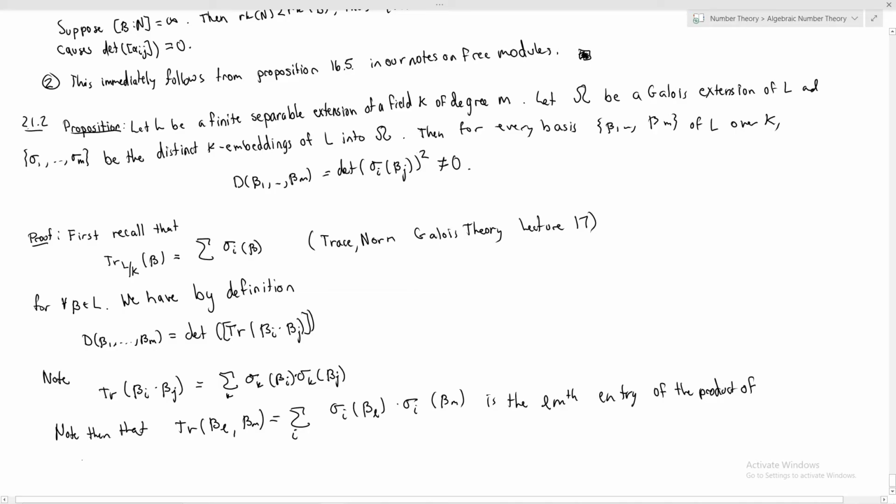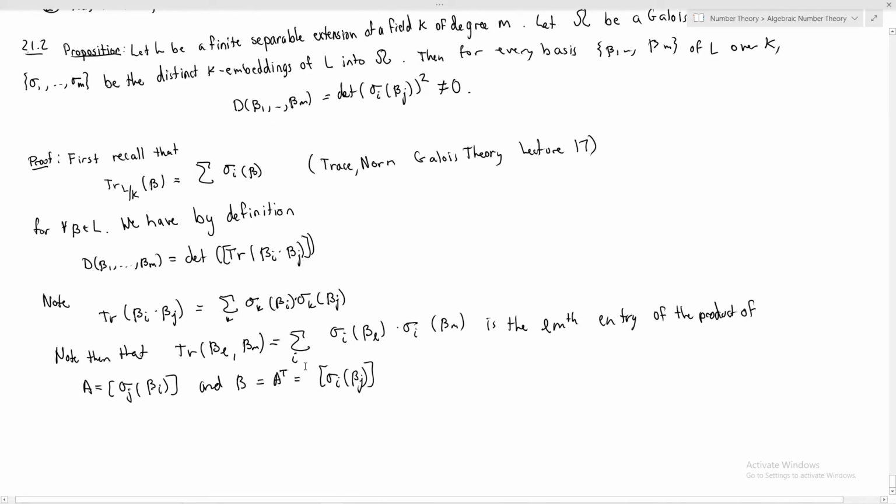A equals sigma sub j beta sub I, and B equals A transpose, which is sigma sub I beta sub j. Okay.